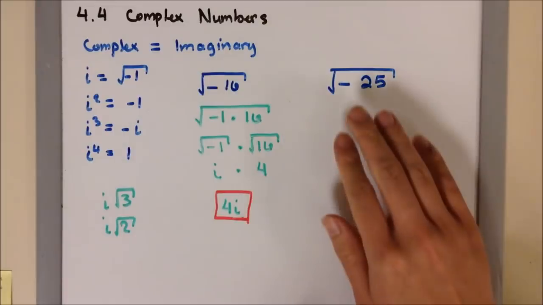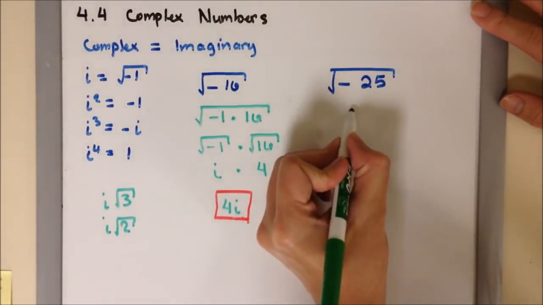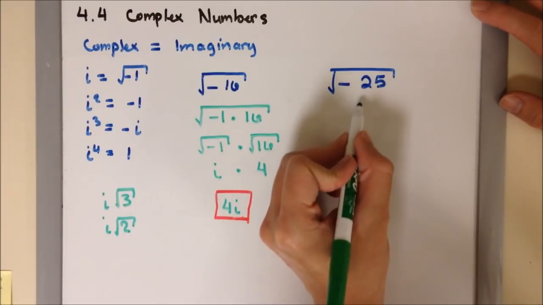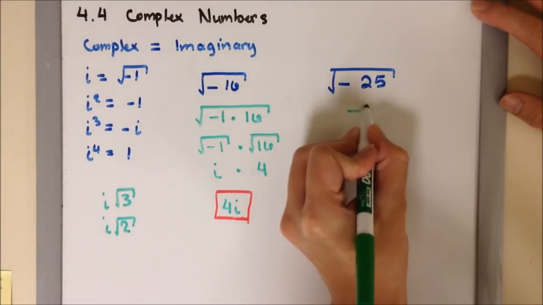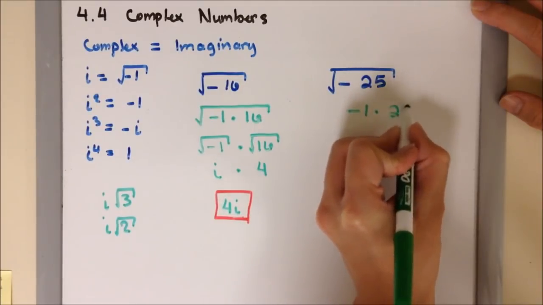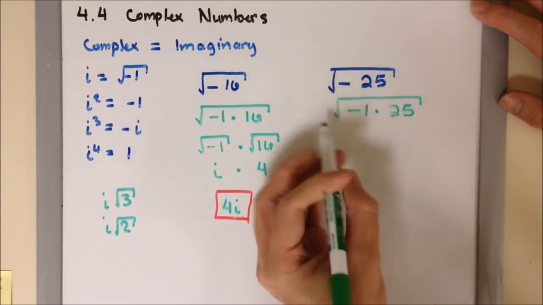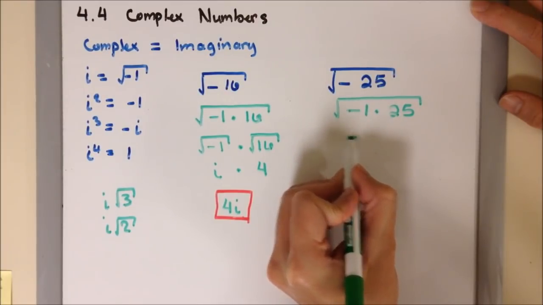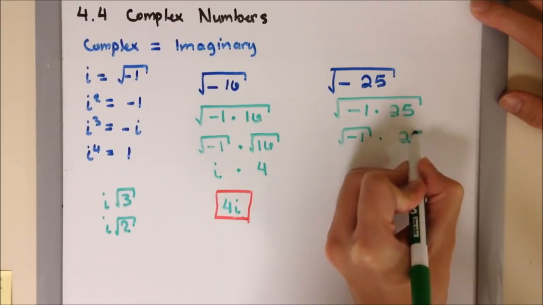Now, for the second example, I'm going to use the same process. Two numbers that give you -25, meaning -1 times +25. So I'm going to break it down to two square roots. So square root of -1 times the square root of 25.